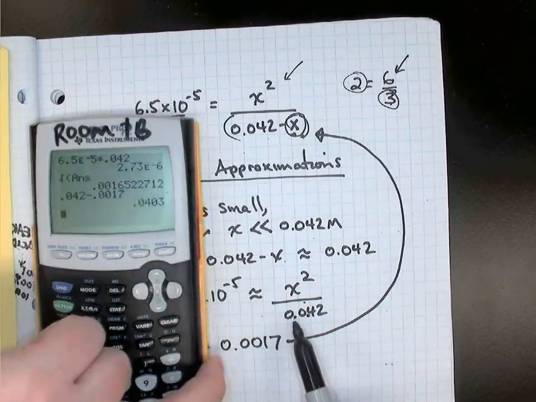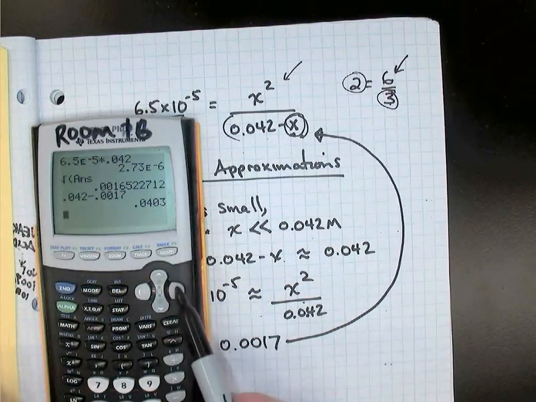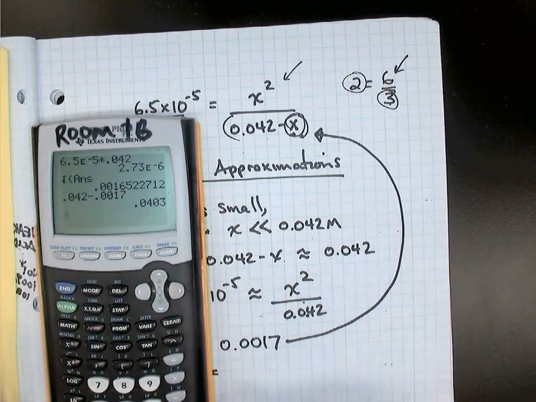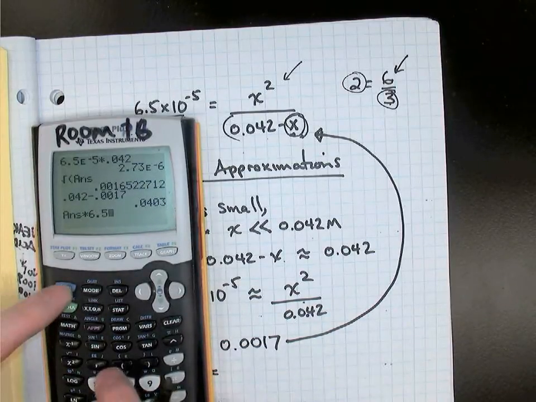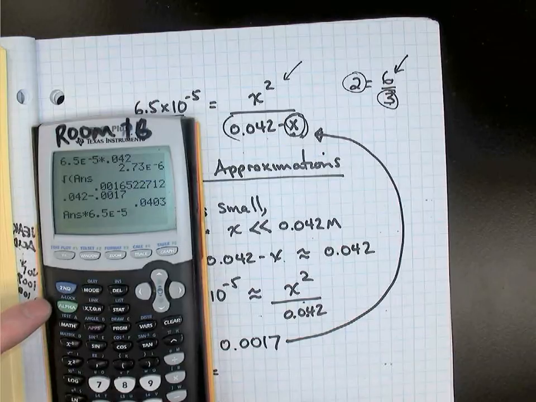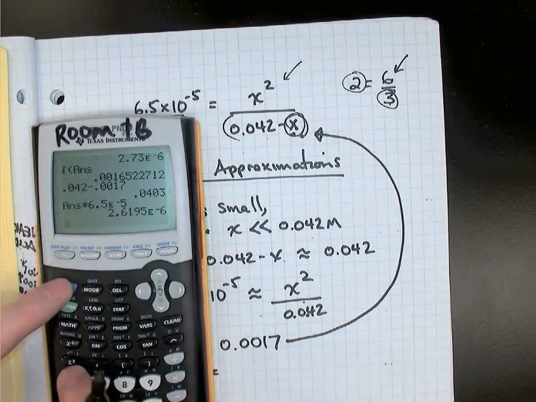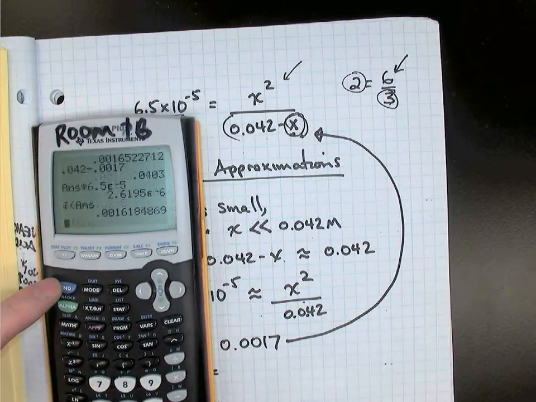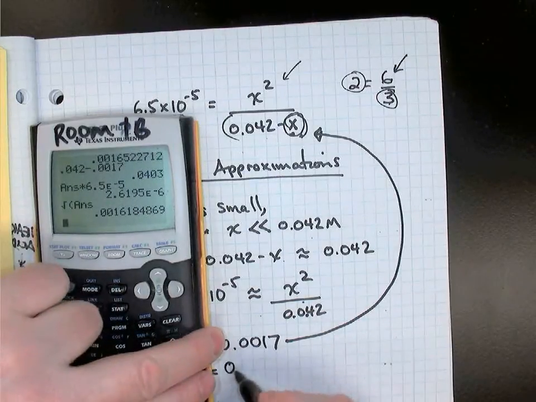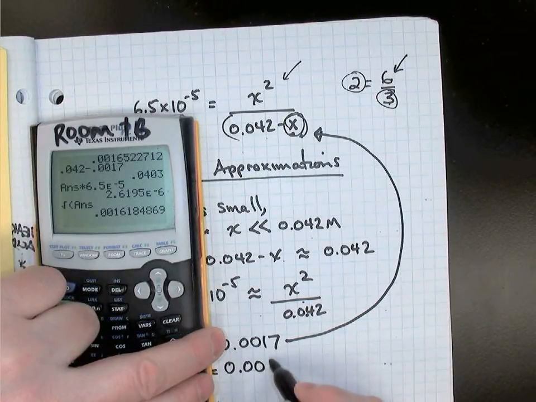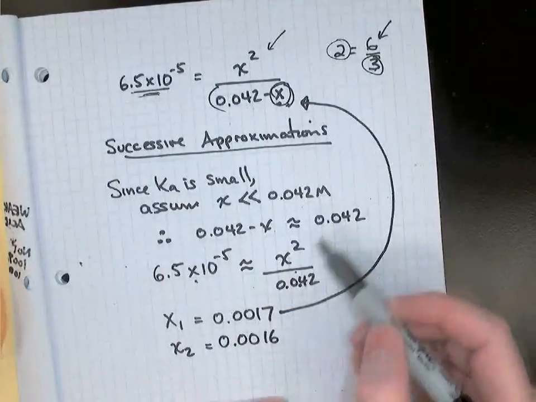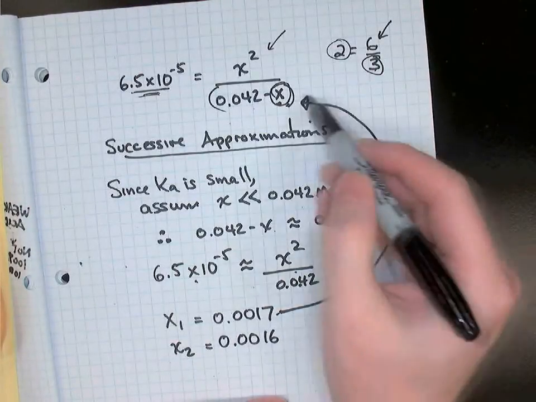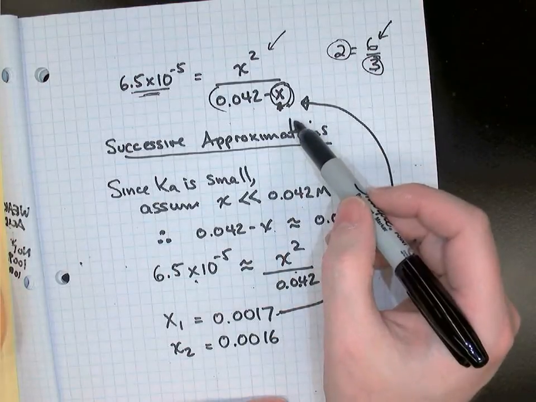Let's solve again by multiplying this by the Ka value, equals, and then square root the answer. We get a second approximation, 0.0016 molarity.